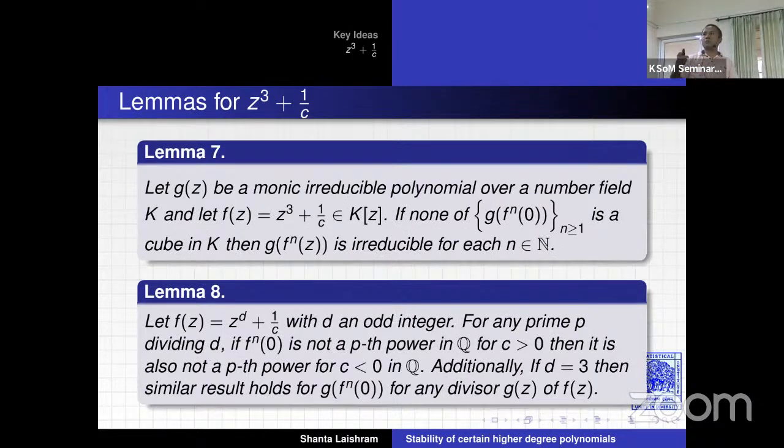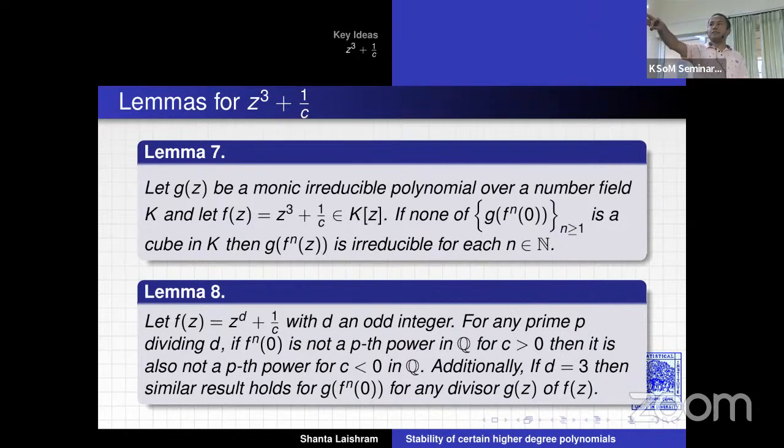We also require some other assertions to show that there are two irreducible factors. Another assertion is that we start with a monic irreducible polynomial G over K, and you look at the cubic. This lemma is crucial for our computation.